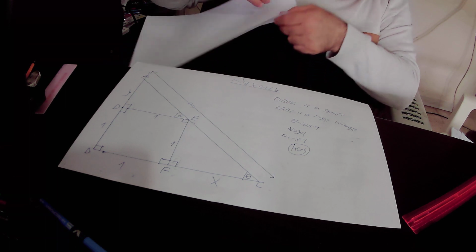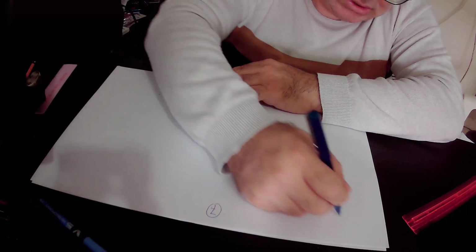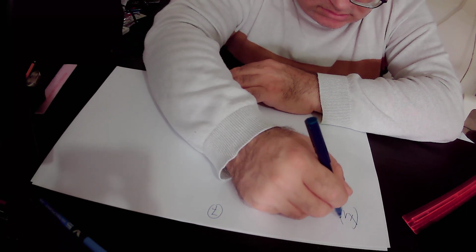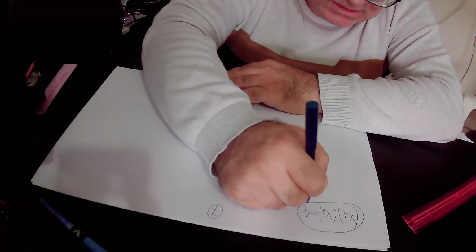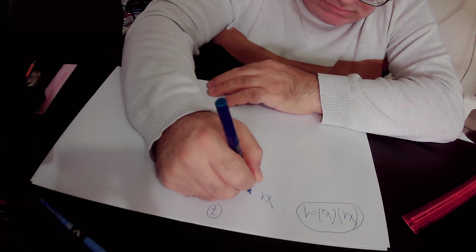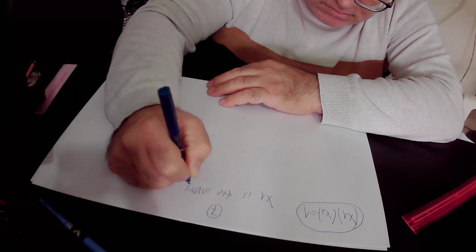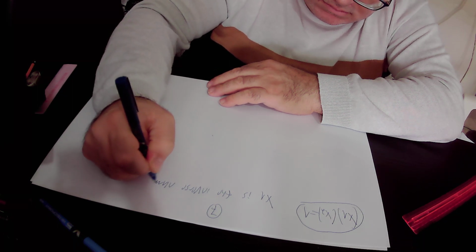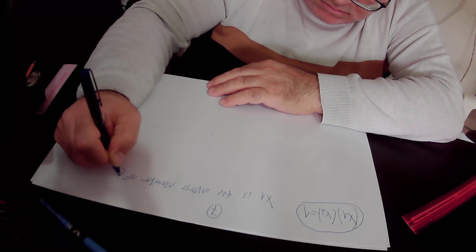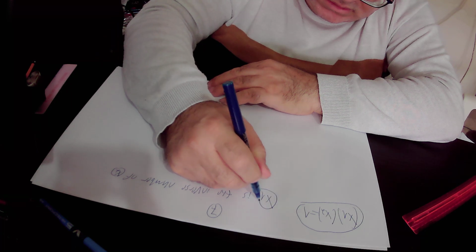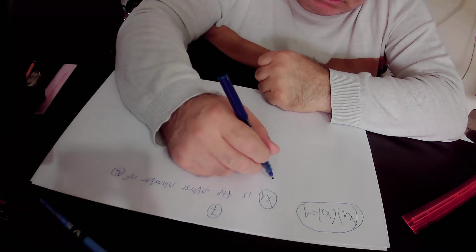I'll repeat again. We found out that x1 times x2 equals 1. What does it mean? It means that x1 is the inverse number of x2, and it means also that x2 is the inverse number of x1.